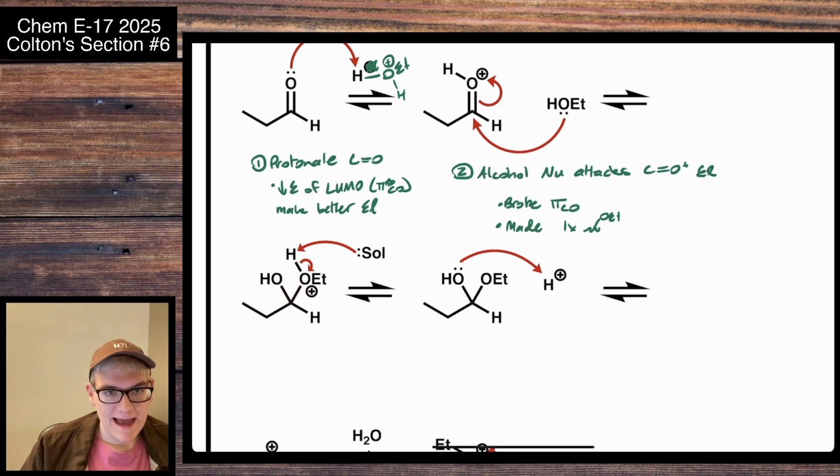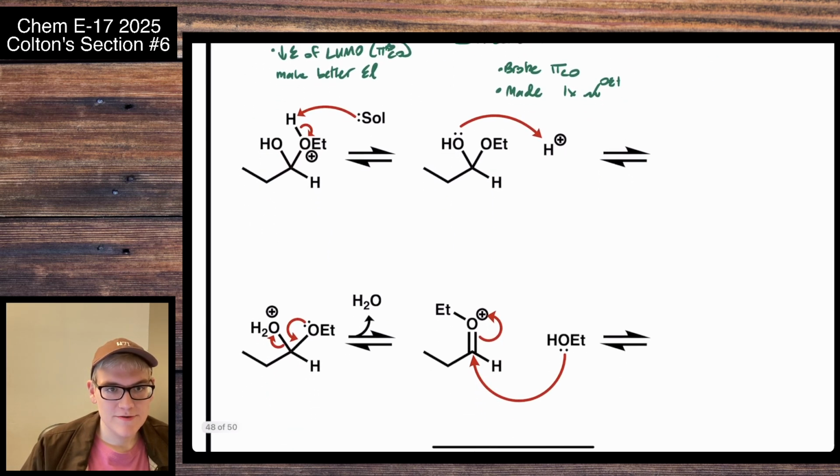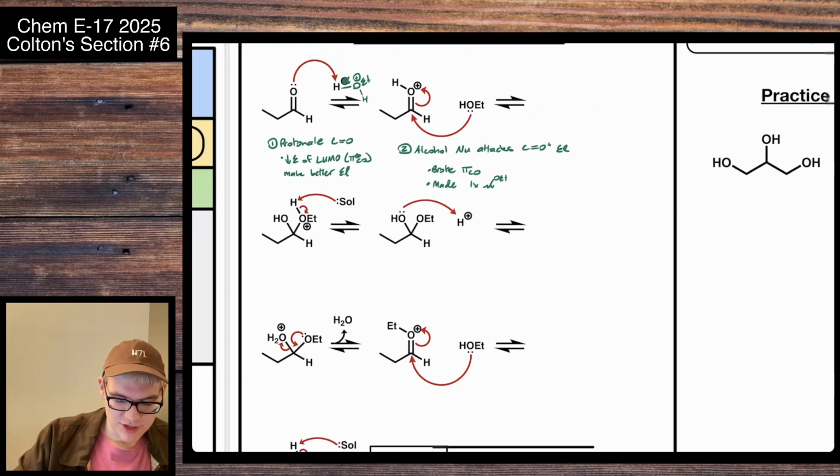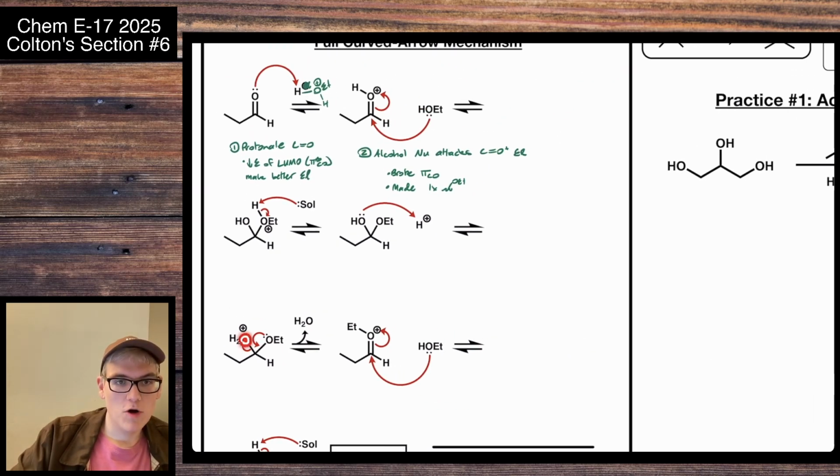Looking ahead, eventually what we need to do is a lone pair push from this OEt and kick out water. If we trace this oxygen in this water, it used to be this OH, and this OH oxygen came from our carbonyl.